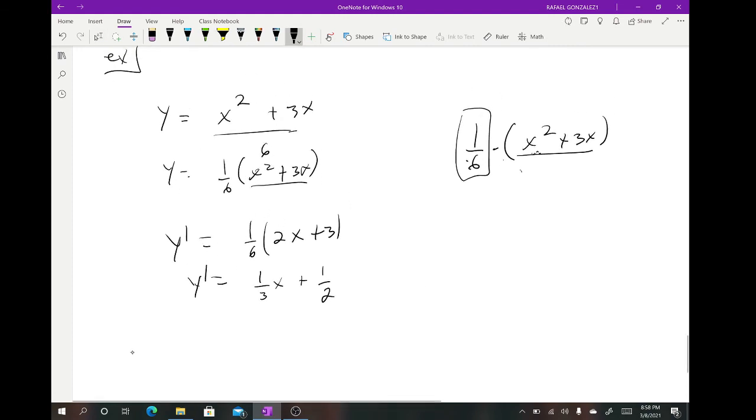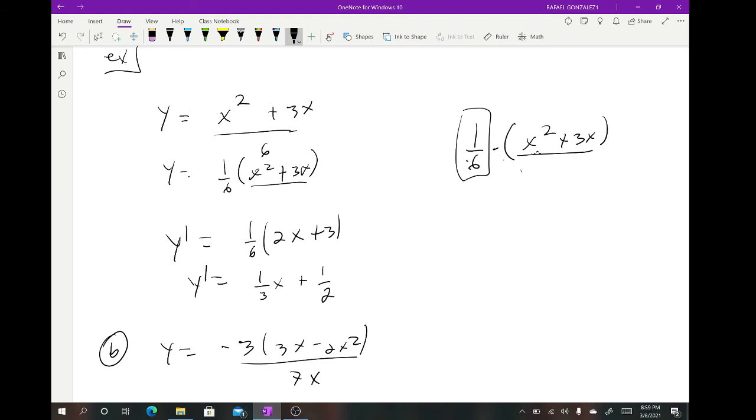The same thing is true if you were given something like this. Let's say you have another example. Let's say you have y equals minus 3 times 3x minus 2x squared over 7x.